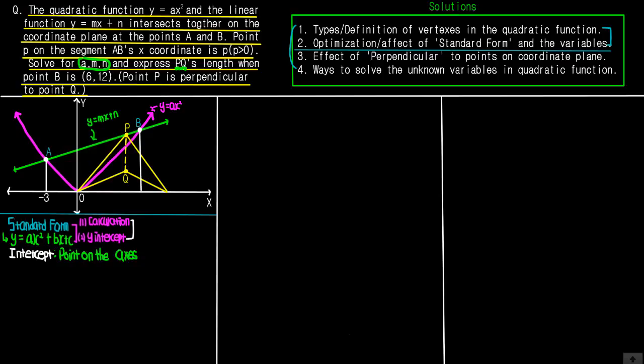And we need to focus on the word axis. How many axes are there in the quadratic function coordinate plane? Well, there are two axes, the x-axis and the y-axis. So basically there are two types of intercept, x and y.